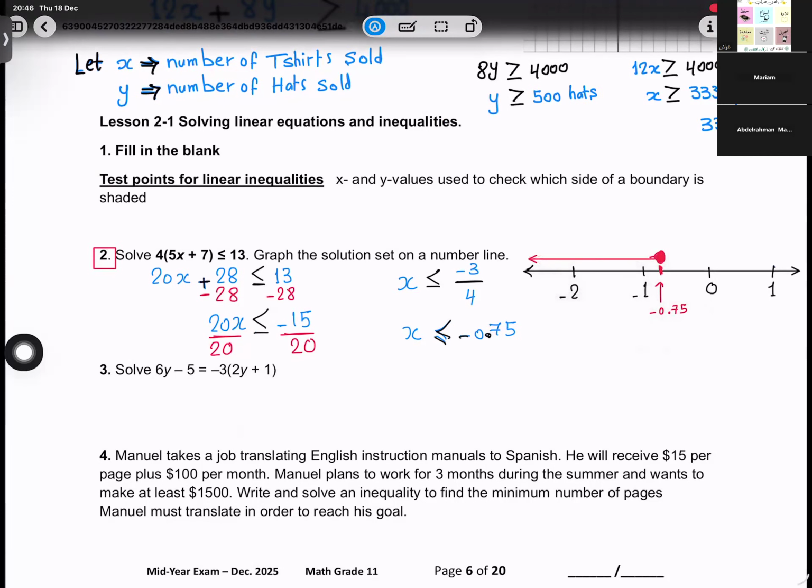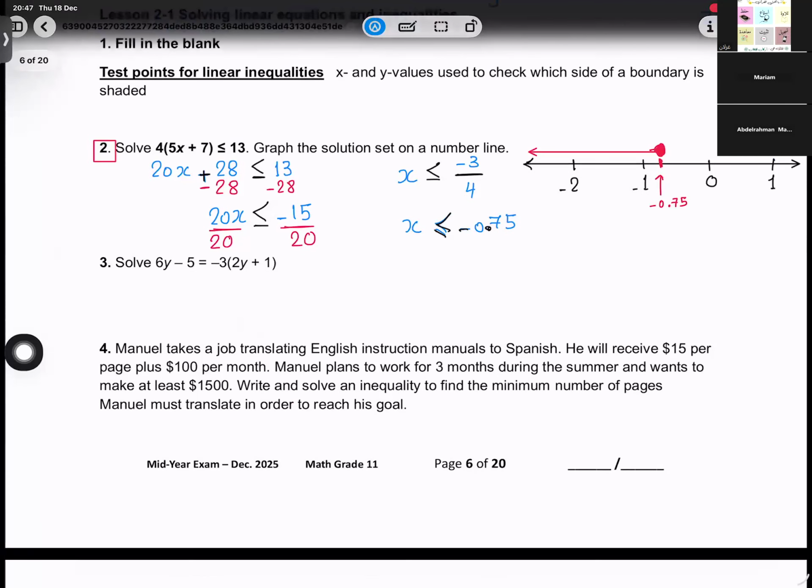Bravo, excellent. Now we have finished number 2. By the way, number 3 is just an equation, not an inequality. Just solve, final answer y equals a number. Take your time.